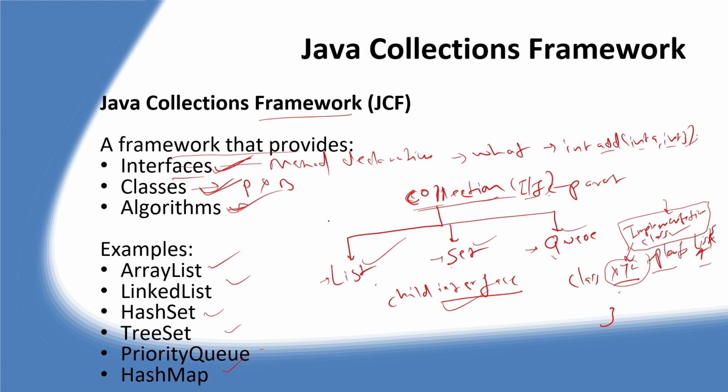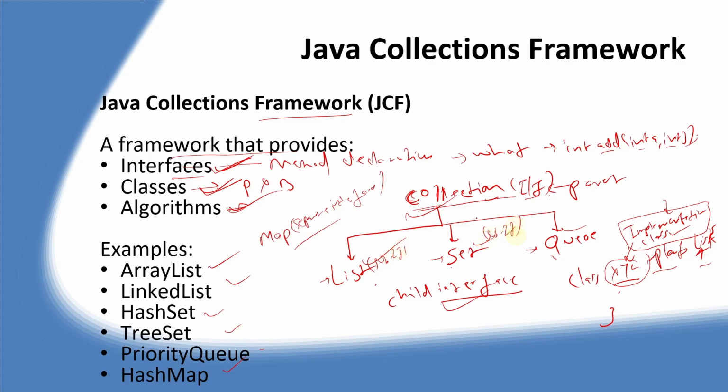And apart from the collection hierarchy, there is another hierarchy. Map will have separate interfaces. It is not linked with the collection interfaces. See, the collection interface has sub interfaces, or child interfaces, whatever you call them.